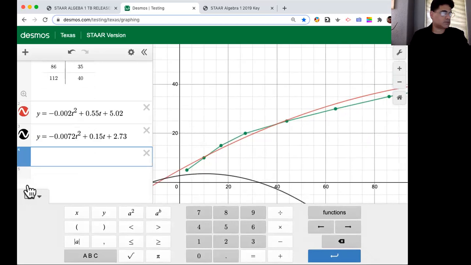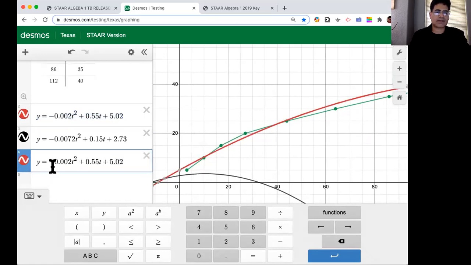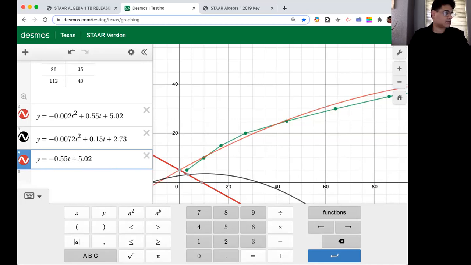Okay, next one. Looks like the first one. Copy, paste into that. And the difference is it doesn't have the quadratic. Okay. Negative 0.002.